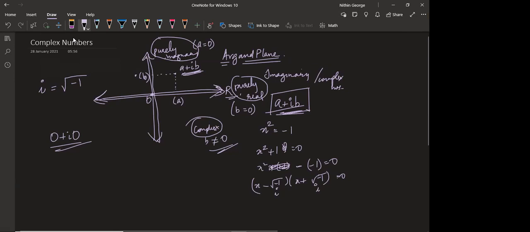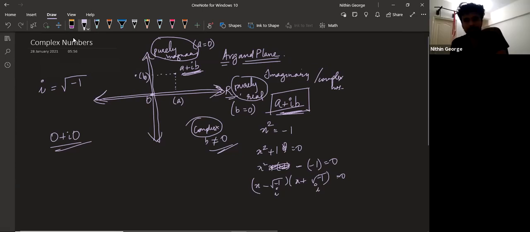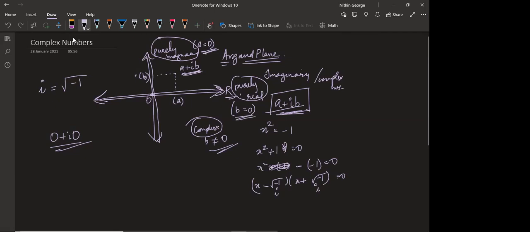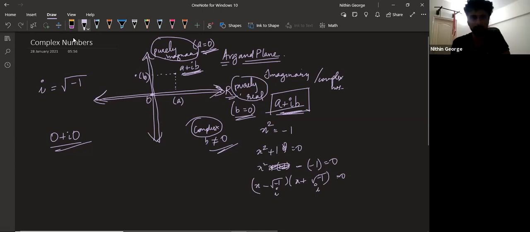Purely real, sir, because it will come out as 0. It's purely real and purely imaginary. Okay. 0 is a real number, yes. But you can say it's purely imaginary also because it satisfies a equal to 0 as well. Is this clear? Yes, sir. So it's both purely imaginary and purely real.